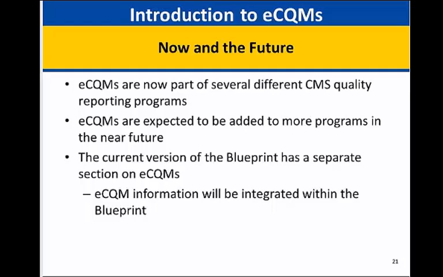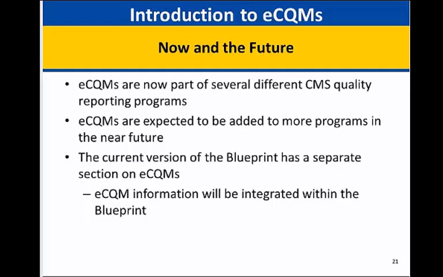So for developers, when it comes to eCQM development, the steps are not that much different than for developing other quality measures. In the new version of the blueprint that's under development now, which is version 13, the eCQM specific chapter is going away, and all of the eCQM specific information is being incorporated into the other chapters as needed.